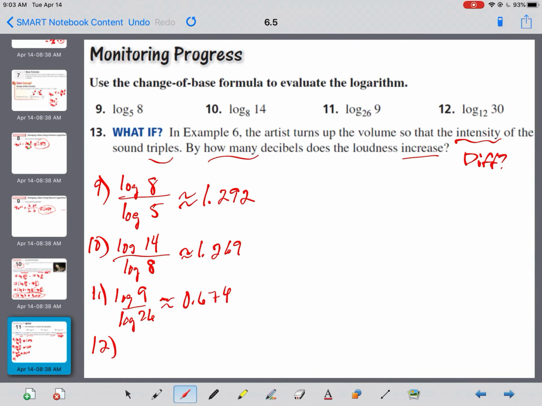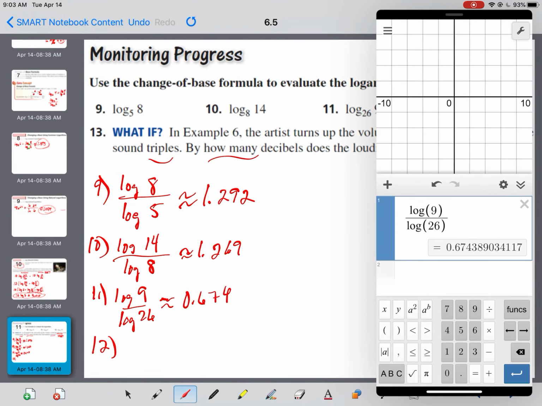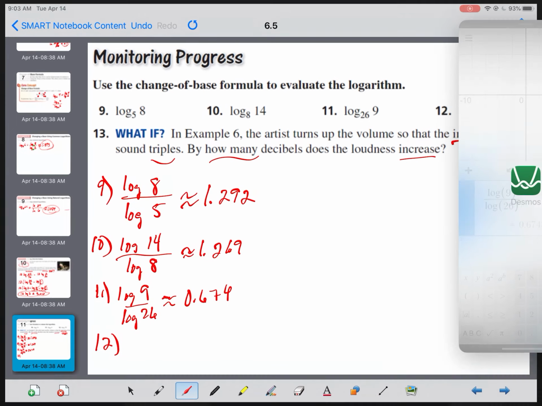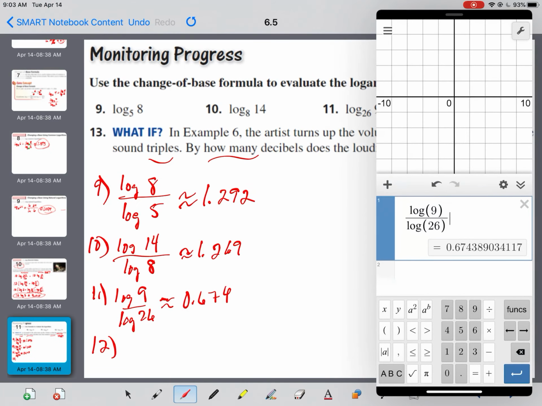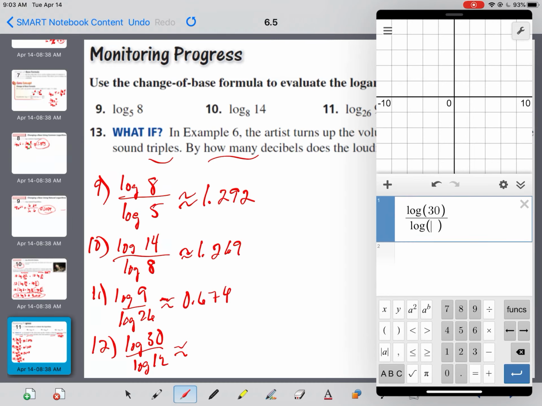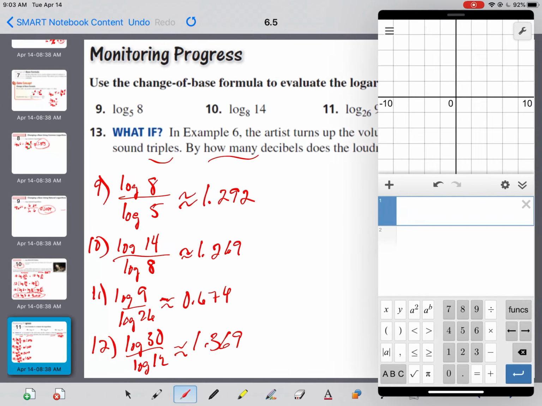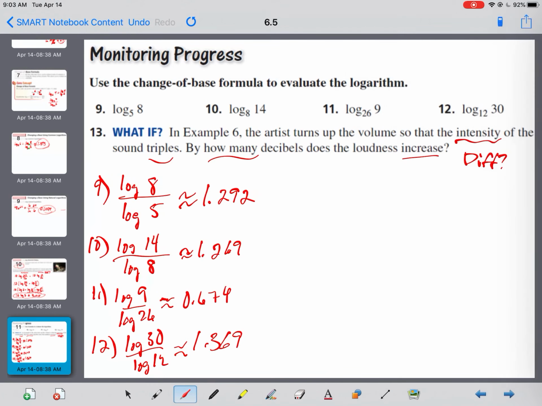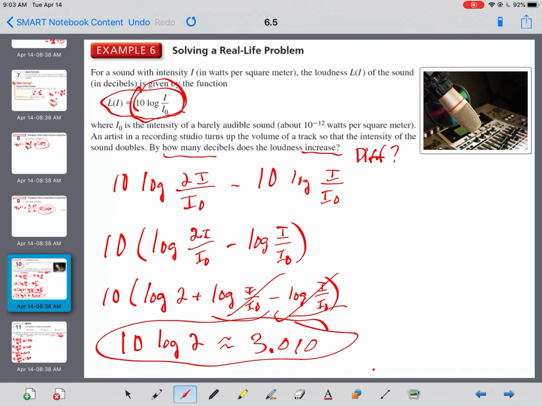About 0.674. Number 12. Log of 12 over log of 30. Actually, log 30 over log of 12. 1.369. And there they all go.